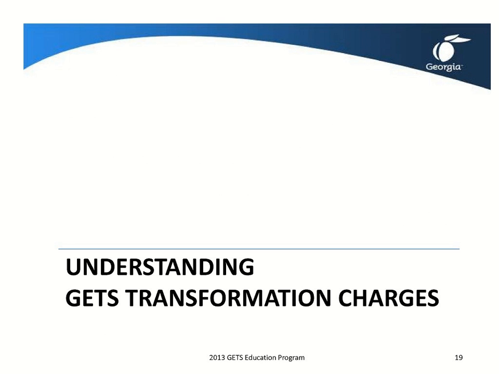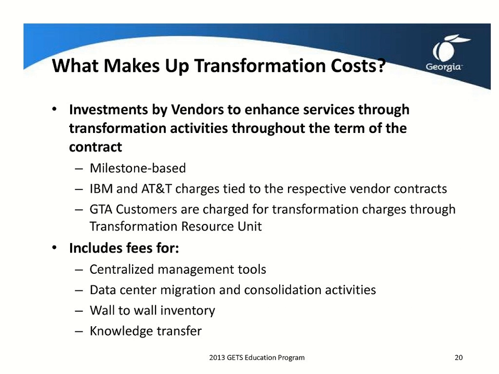So let's now move on to understanding GET's transformation charges. What makes up transformation costs? The transformation costs are the investments by our vendors to enhance services through the transformation activities throughout the term of the contract. These activities are milestone-based.